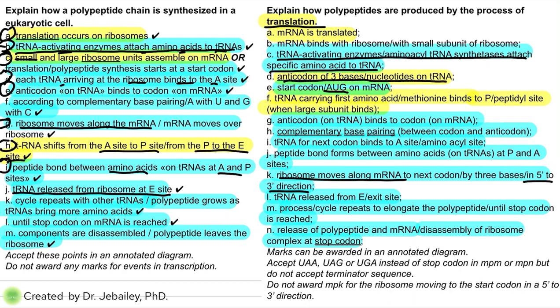And then here I can say tRNA carrying the first amino acid binds to the P site. And then from there I can say the tRNA shifts from A to P and then P to E. So that's the way you add in these two mark schemes. I guarantee you, right now, pause the video and join the blue together and then join the yellow with it as an additional. And I guarantee you will have the strongest mark scheme for any question related to polypeptide, and you're not going to miss out.